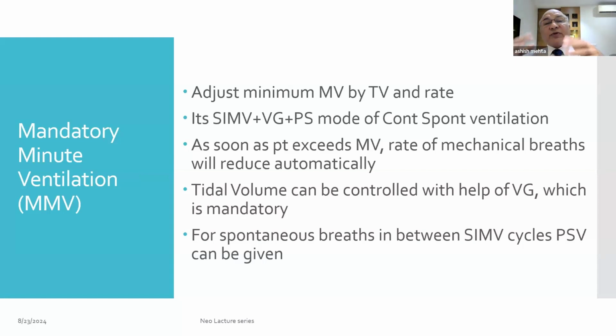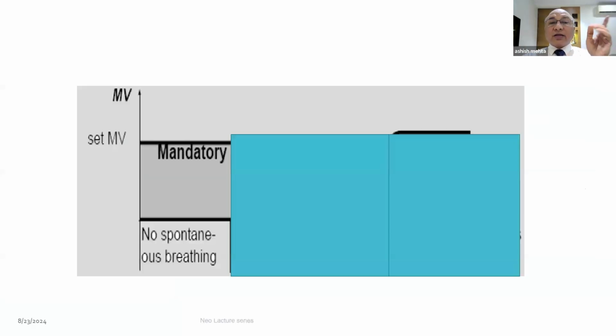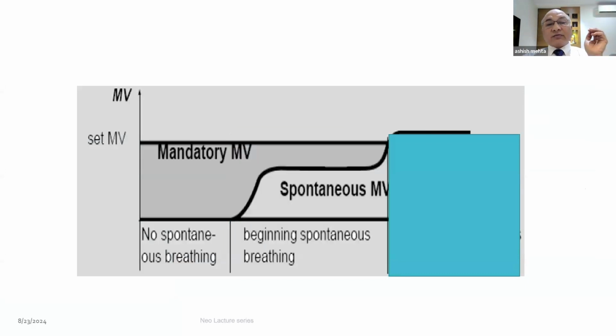If the patient's spontaneous breaths are taking up good tidal volume, the mechanical rate will automatically wean or decrease. If the patient becomes apneic, the set rate and set minute ventilation or tidal volume will be delivered. And that is the beauty of this. So if there is no spontaneous breathing, all mandatory breaths will be delivered.